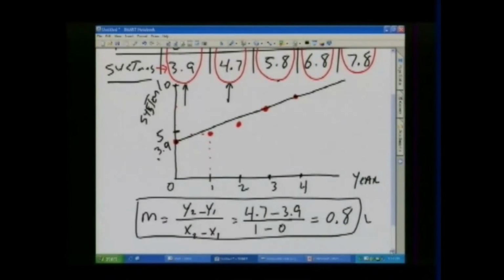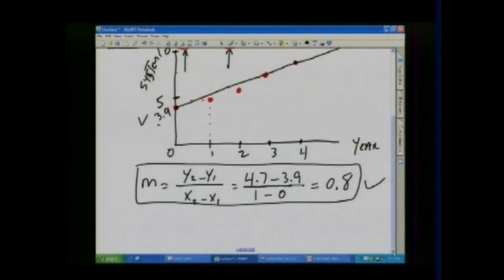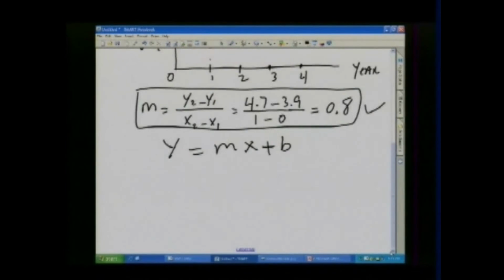Well, if the slope is 0.8 and the intercept is 3.9, and you know y is equal to mx plus b, in this case m is 0.8 and b is 3.9. So y is equal to 0.8x plus 3.9.